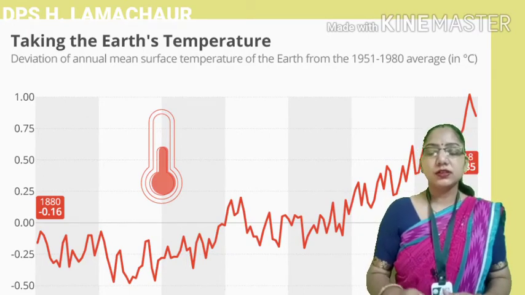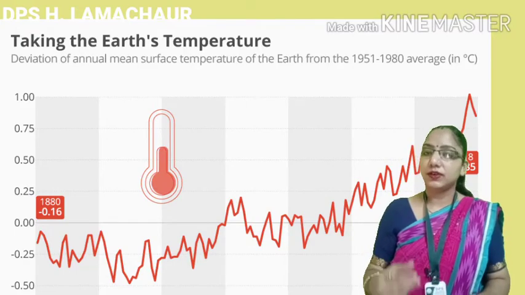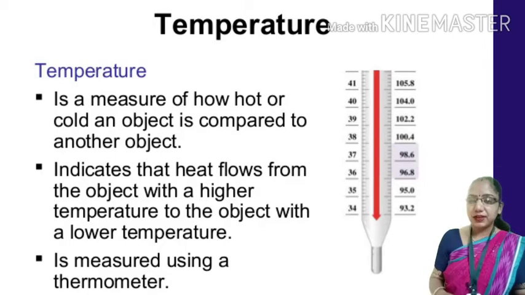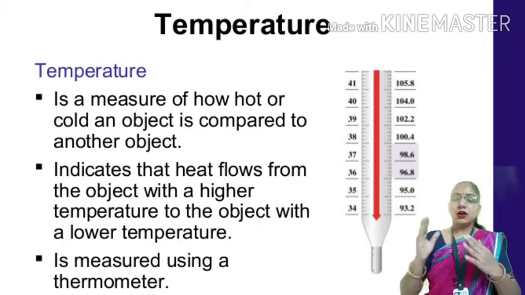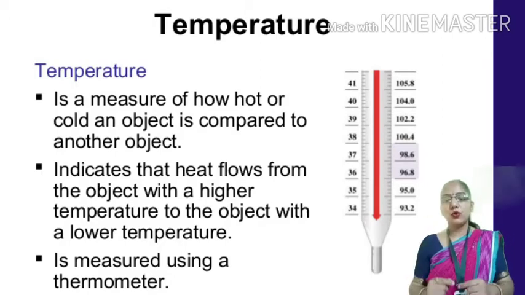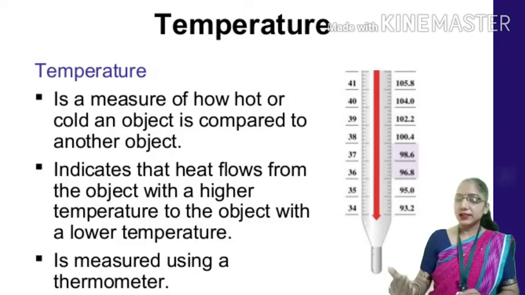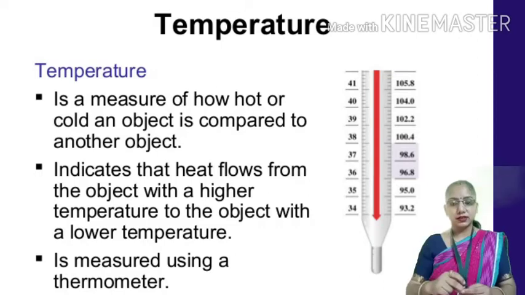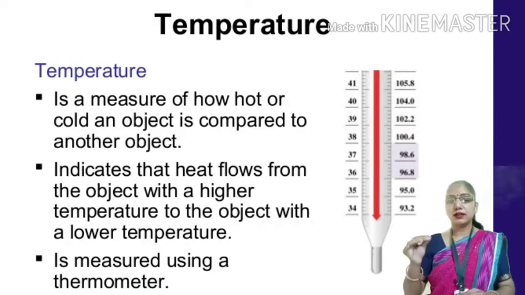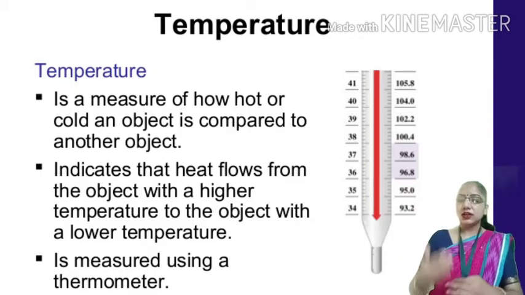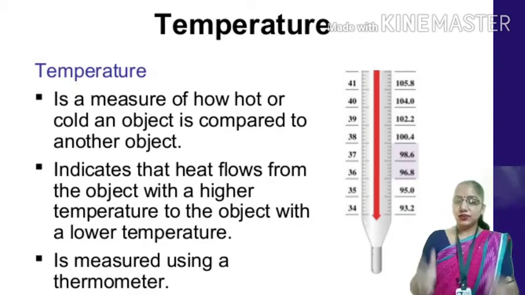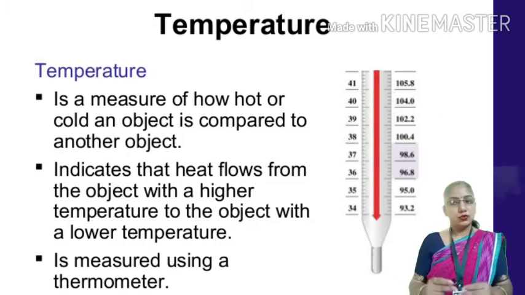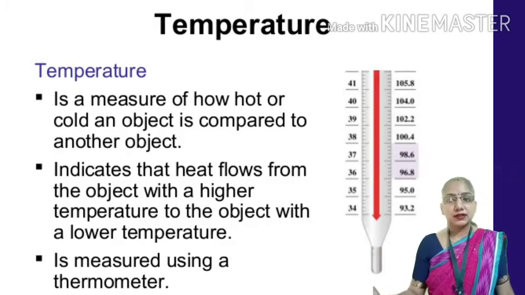So students, first we will see what temperature is. Temperature is the measurement in degrees of how hot or cold a thing is. Or we can say the radiation that is absorbed by the earth and the atmosphere, and the heat changes under the reflection, which is controlled by various factors, is known as temperature.